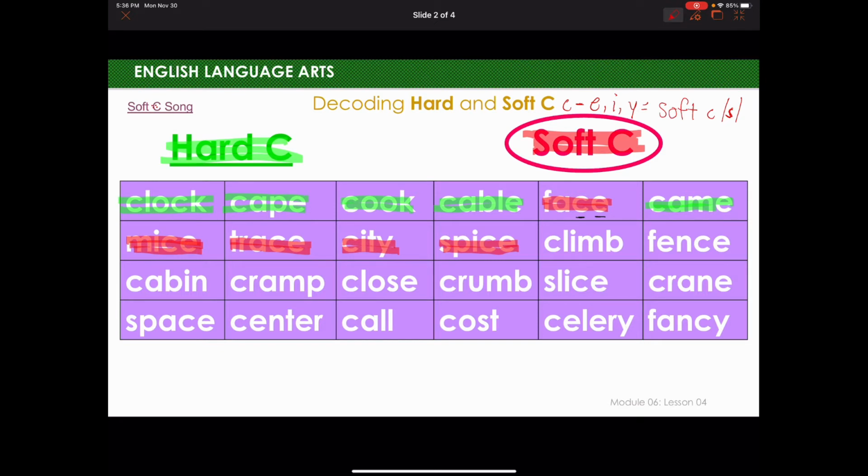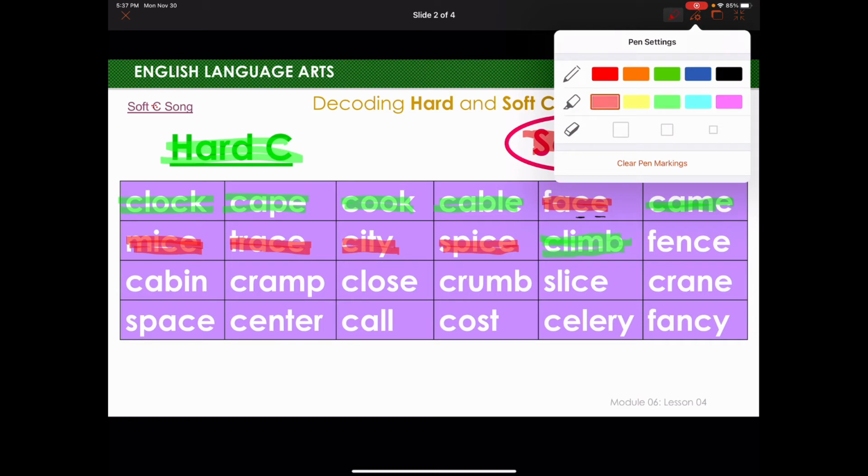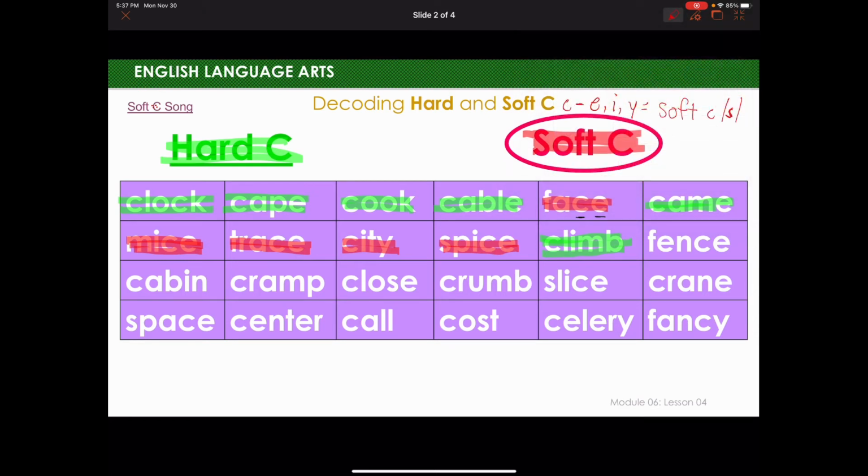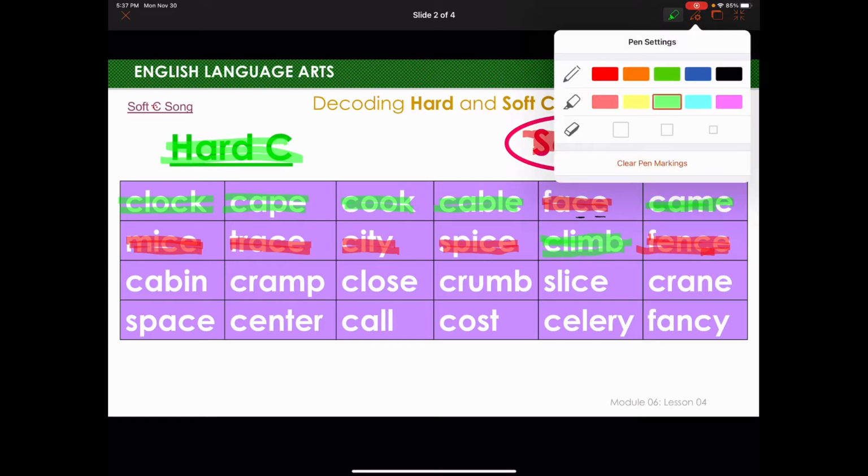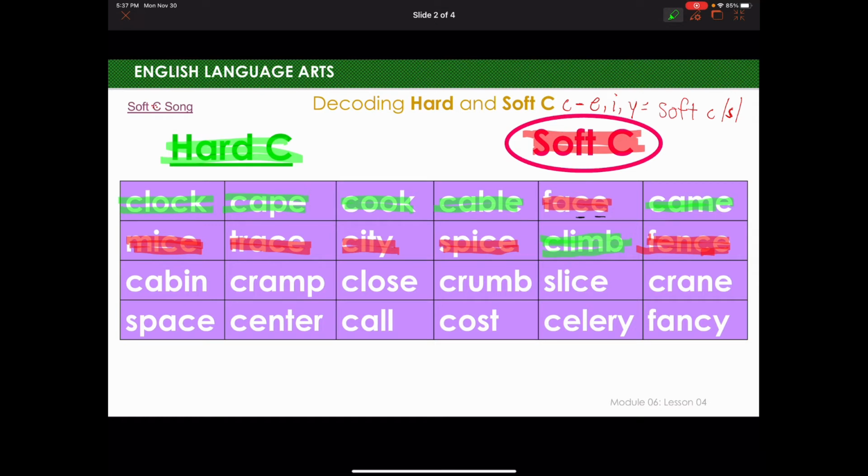Okay, let's read the next word. The C is not followed by an E or an I, so it's going to be a hard C. Climb. Next one, C followed by an E. Fence. On the next one, the C is not followed by an E, so it's going to be a hard C. Cabin.